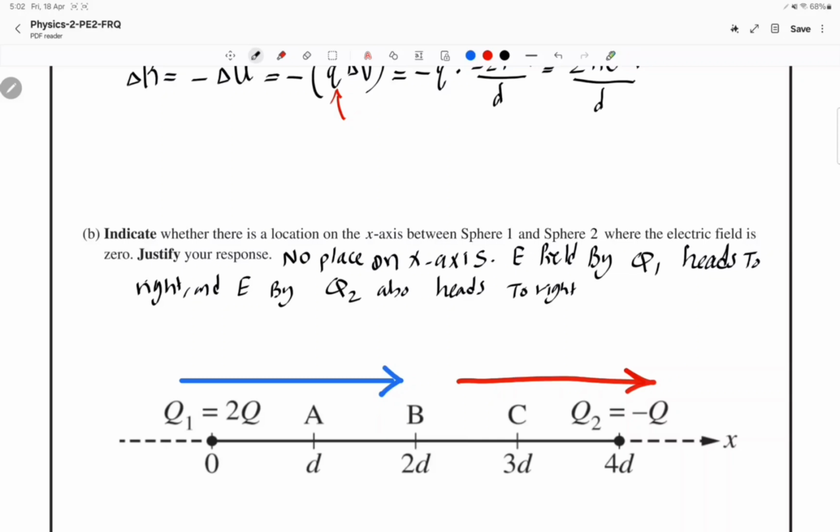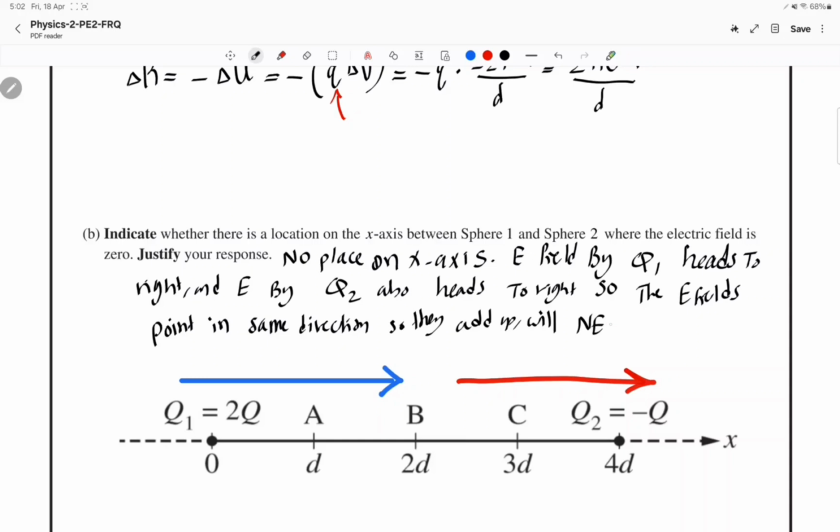Okay, and so the electric fields point in the same direction, so they add up, and will never cancel.